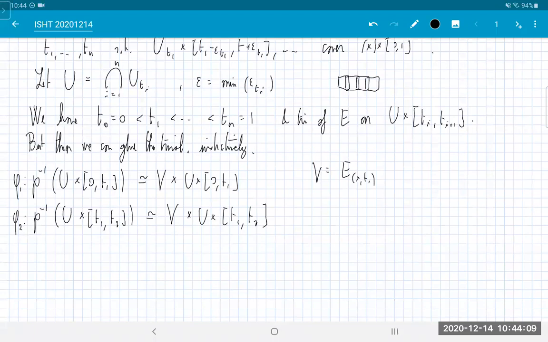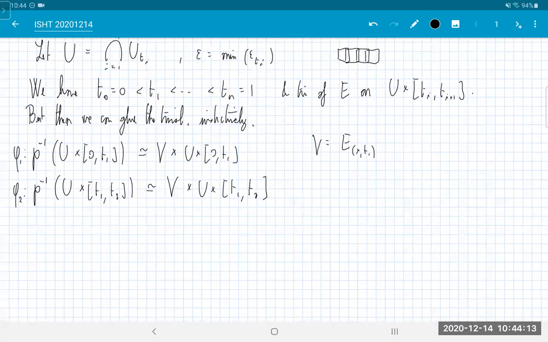Okay, that's great. In particular, we get a map, a composition.